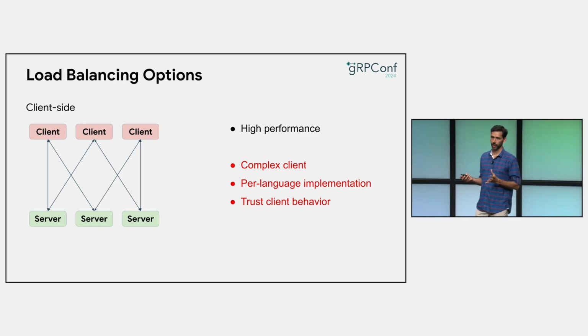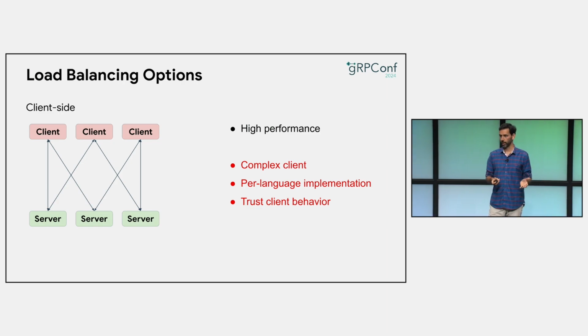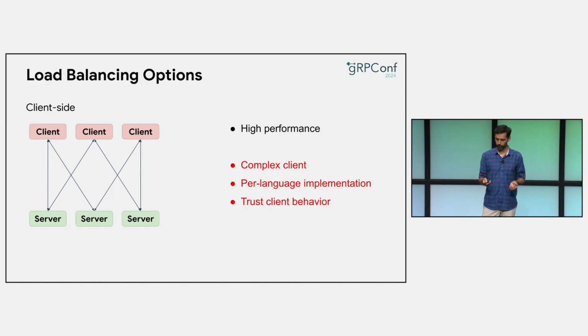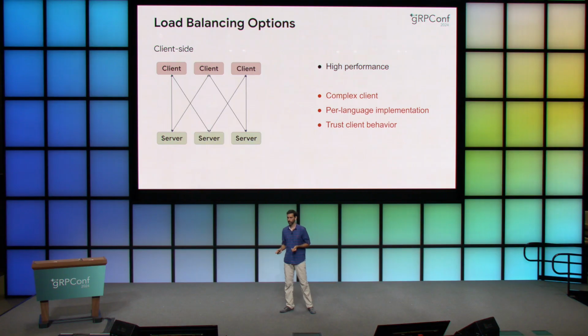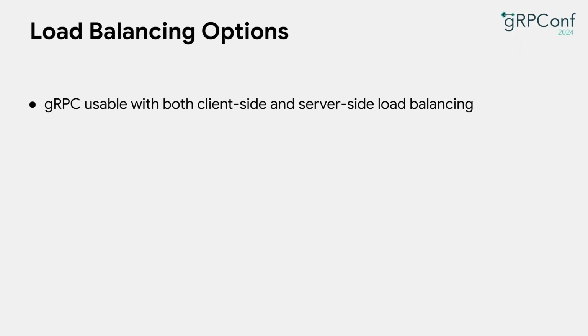The good thing here is that if you're using gRPC, you get all of that for free because gRPC supports client-side load balancing in multiple languages, and you can trust the gRPC clients to do the right thing. So gRPC can be used with both server-side and client-side load balancing, but it's really with client-side load balancing that gRPC shines.